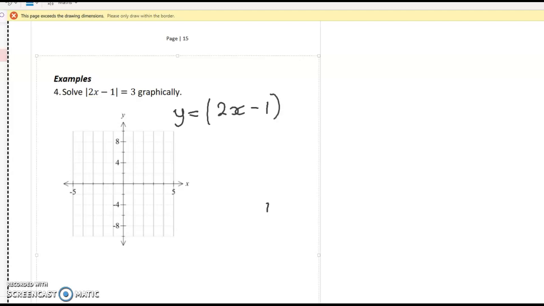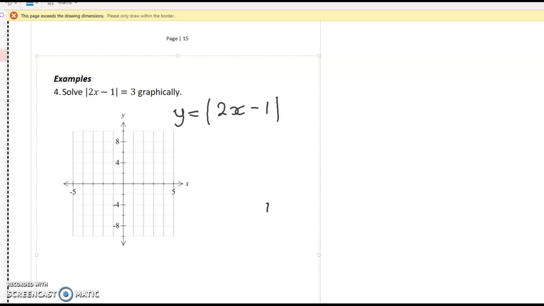This function is like that one we just graphed, where it's just shifted left or right. So it's not moved up or down. So we can be confident that where it's going to turn is on the x-axis.